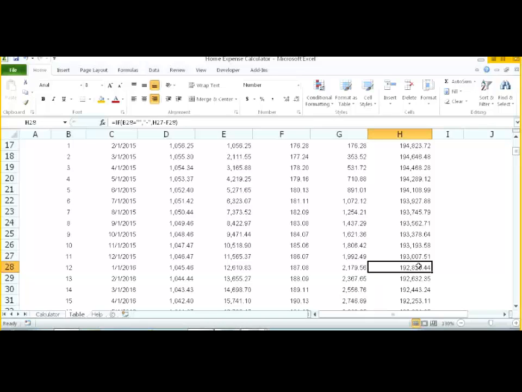Now, if your housing price went up to $210,000, then you'd have the $10,000 difference between your house value and your original purchase price, plus this difference between the original purchase price and the balance. And that's what a home equity loan is. Basically, when you get a home equity loan, you're using your home as collateral.